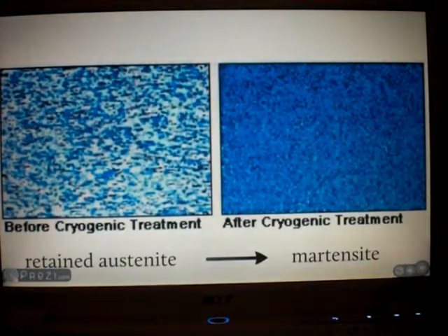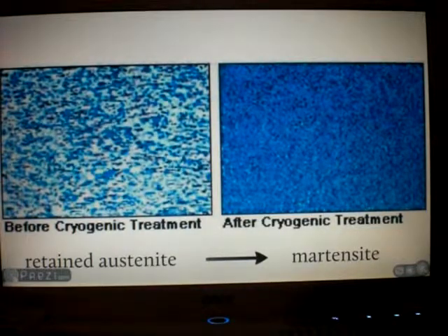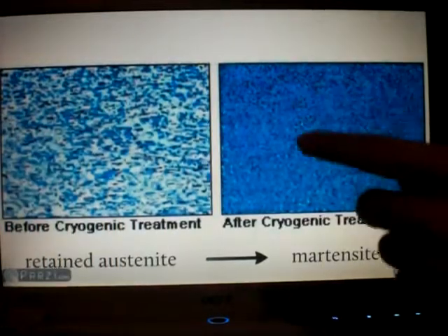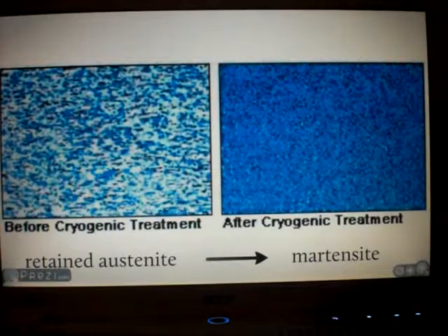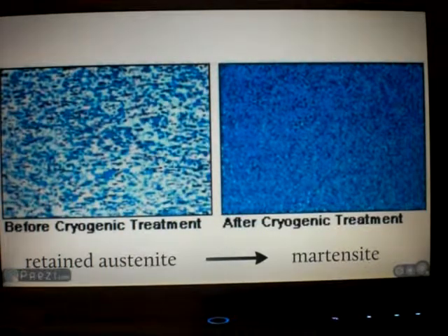Which is proof that this will result in martensite being much more dense and therefore harder to make a scratch on, which is the whole concept behind the wear resistance.